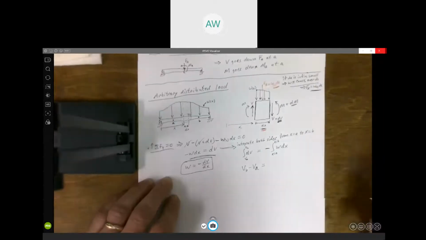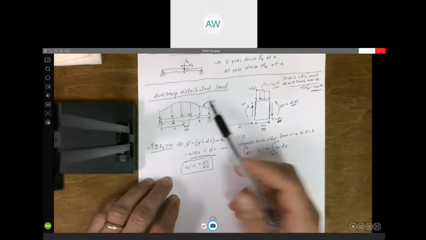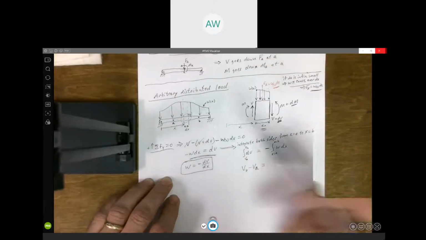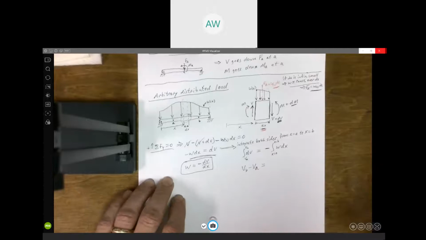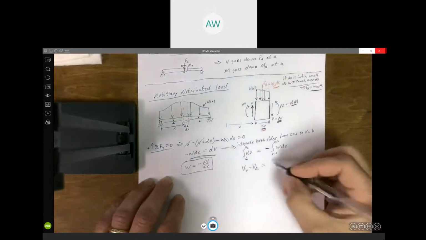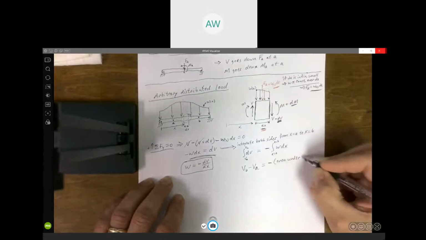Now on the right side, what we have is the integral of this distributed load function from x equals A to x equals B. Well, you think back to calculus, just in general, when you integrate a function from x equals A to x equals B, what you get is the area under that curve from x equals A to x equals B. So what we have is minus the area under this distributed load curve.